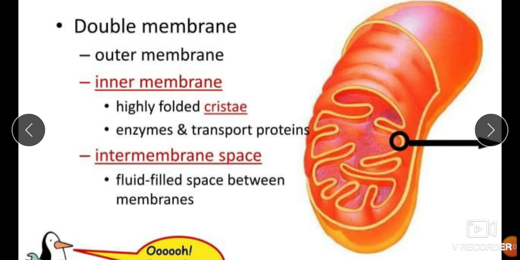And this cristae or inner membrane is associated with enzymes and transport proteins. In between the outer membrane and inner membrane, there is a space called the intermembrane space, and there is a fluid in the intermembrane space.